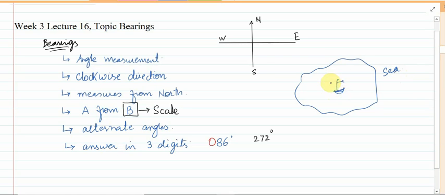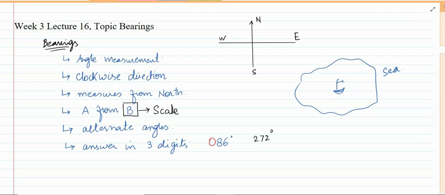So how can the pilot determine in which direction he should lead? He can set his direction with the help of bearings. So the greatest application of bearings is in airplanes and ships, right? So these are the important rules of bearings.